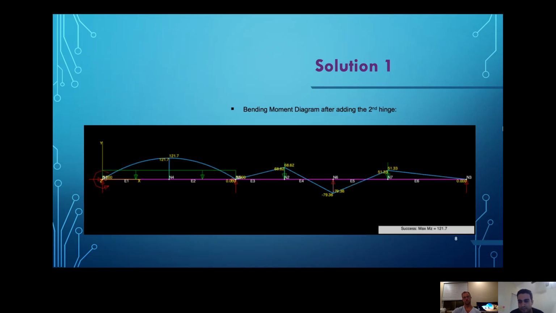And the second hinge was added at point C, and the moment diagram is as shown in the slide, with the maximum moment about Z of 121.7.